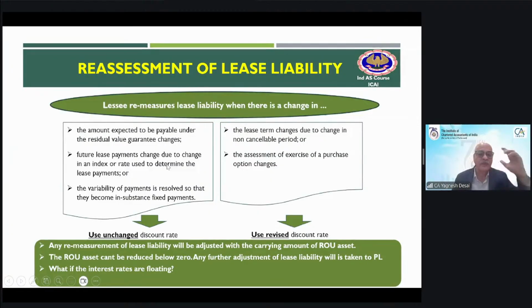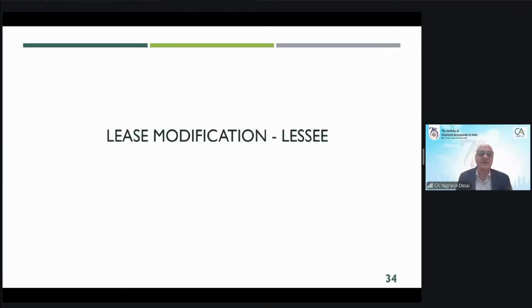So essentially, whenever there is a change in the term, whether the term is reduced or increased, you use the revised rate. But when the change is because of these three factors, you use the same discounting rate for remeasuring the lease liability.